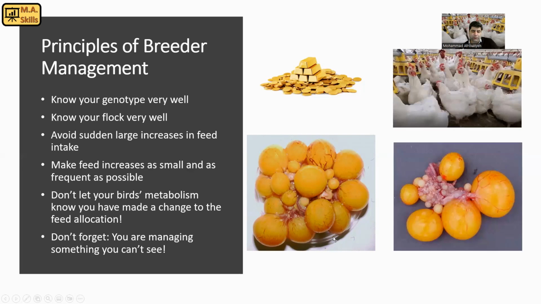We would call it a lack of follicle hierarchy, which means they are not in order in terms of size. We would call it EODES, or erratic oviposition and defective egg syndrome, which is a syndrome in broiler breeders.